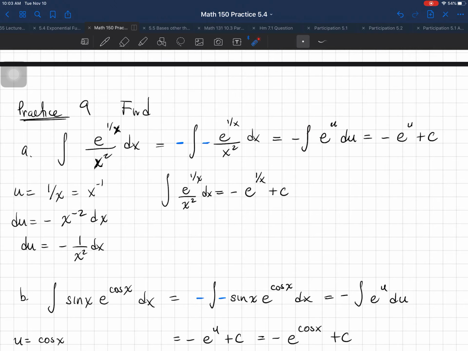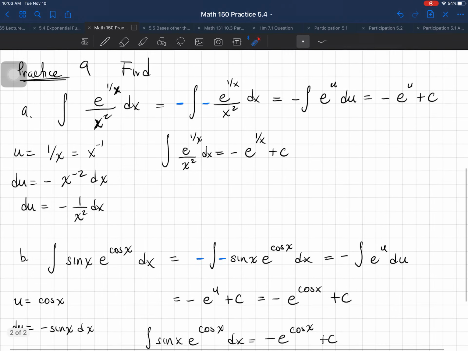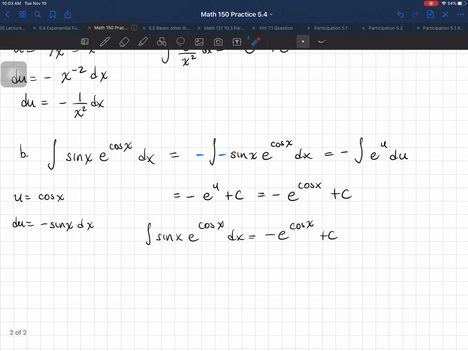And so we come back and replace u with 1 over x, and that's it. All right, so one more. And again, I strongly emphasize that you should guess that this would be your u, your power. So let's go ahead with that approach.